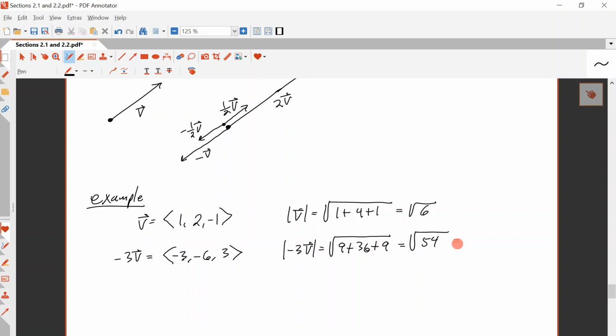But 54 is 9 times 6. So that's 3 square root 6, which is 3 times the length of v. So the length of v is square root 6. The length of negative 3v is 3 times the length of v. The length, of course, is always going to be positive.